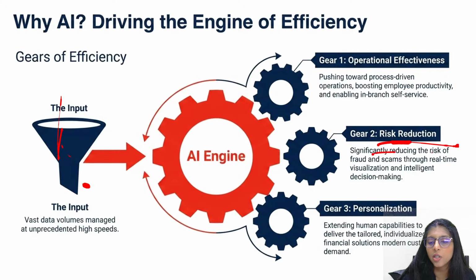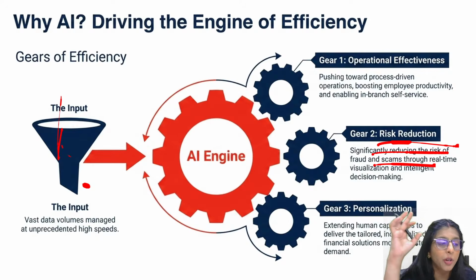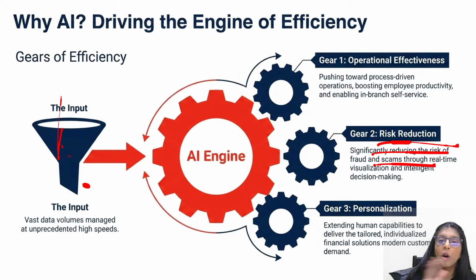Risk reduction significantly reduces the risk of fraud and scams. Personalization is providing the product as per the customer's need and requirement. So through these gears, it converts a large amount of information into useful information.